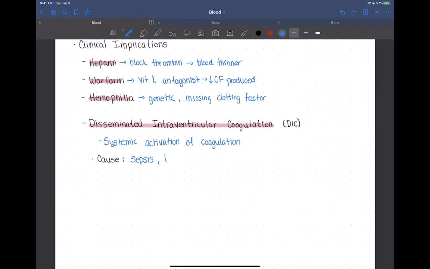Very large amounts of trauma to the body can trigger DIC, as well as certain cancers. It would then lead to what's called microvascular thrombi, these tiny little thrombi forming in the very, very tiny blood vessels.